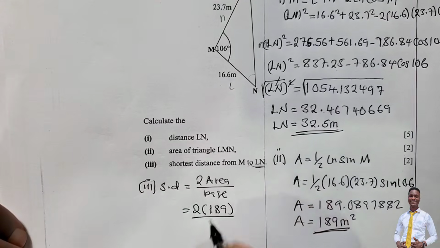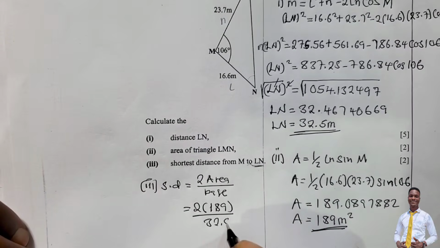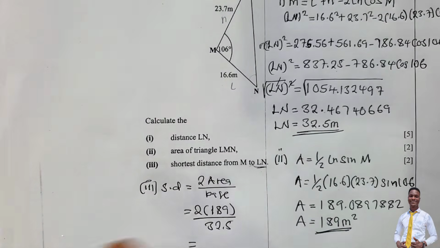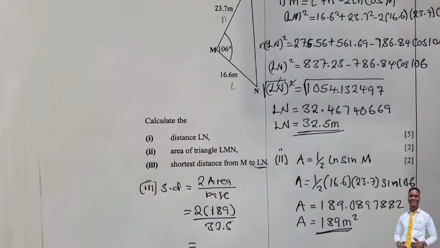And we calculated LN as that what? 32.5. Okay, so again, let's just simplify. You can just calculate that. You have 2 multiplied by 189 divided by what? 32.5.